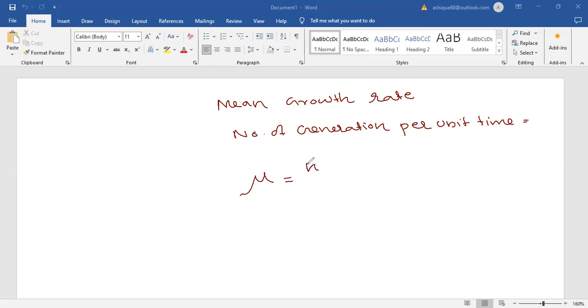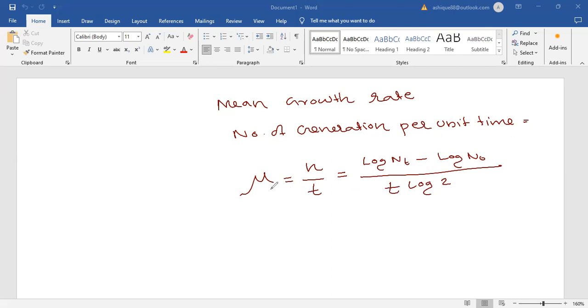Mu is n divided by t. The value of n we already know: n is log nt minus log n0, divided by log 2, isn't it? So we just have to apply the t here.